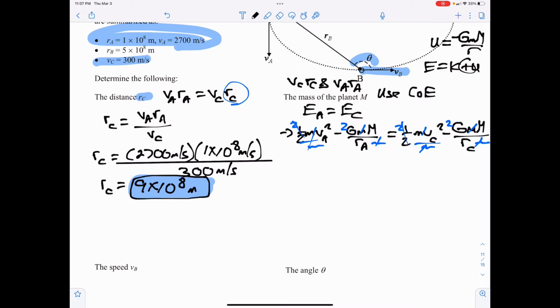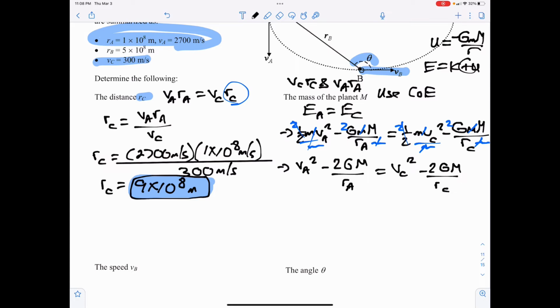Let me rewrite it first. So we have VA squared minus 2G big M over RA, and that's going to equal VC squared minus 2 big G M over RC.